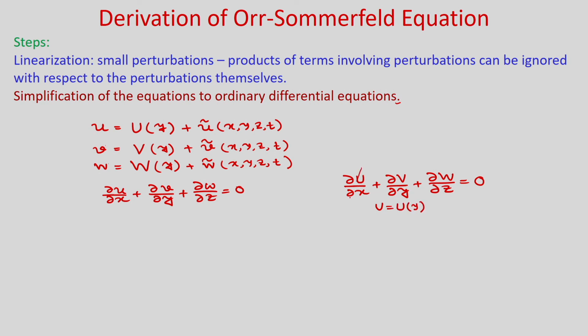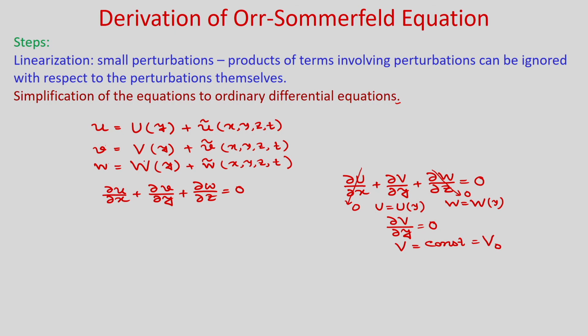So, this term will become 0, and W is a function of y only, right. So, this term also will become 0. So, we will get del V by del y is equal to 0, that means V will be some constant, okay. And let us say this is V naught.